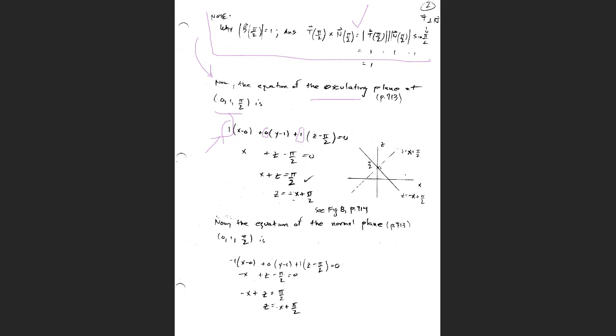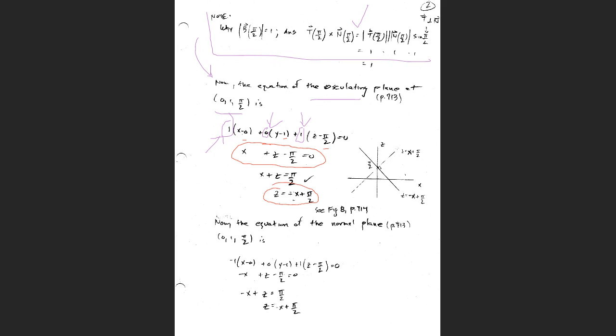And the point on the plane was 0, 1, and pi over 2. And so we get the equation of the osculating plane, which we can write like this.